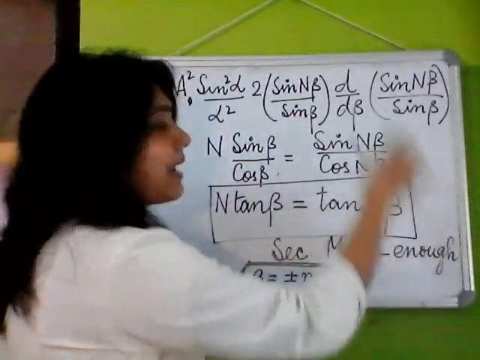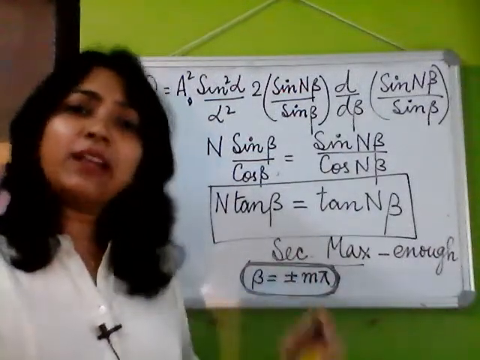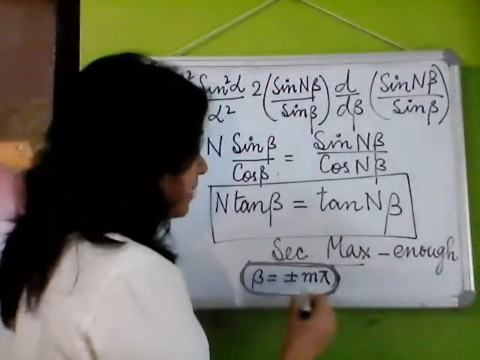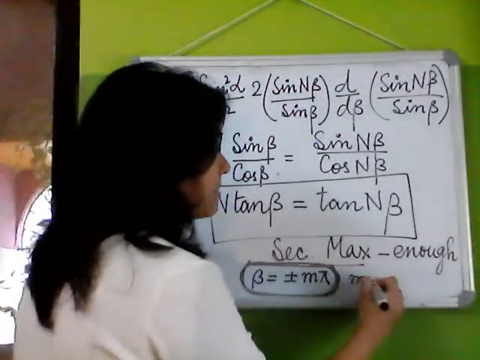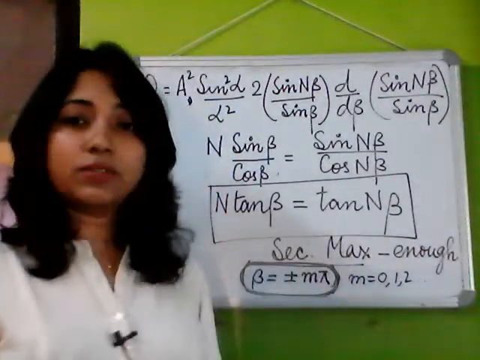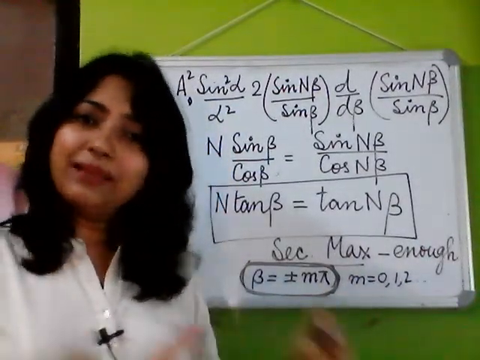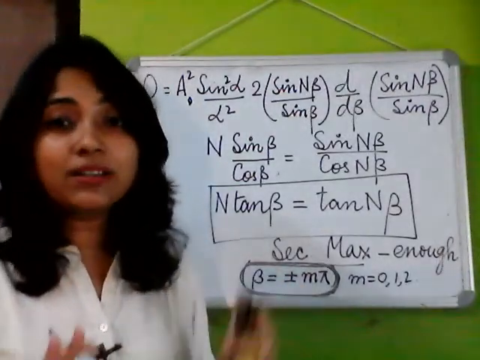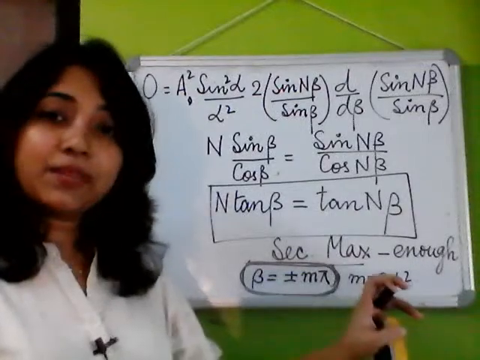Among all the allowed values of beta that someone can calculate, or I may calculate, or you may calculate, beta is equal to plus minus m pi, where m is equal to 0, 1, 2, these values are not allowed. Rest, whatever is coming, we are fine with it, and that is all we need to know about their condition.